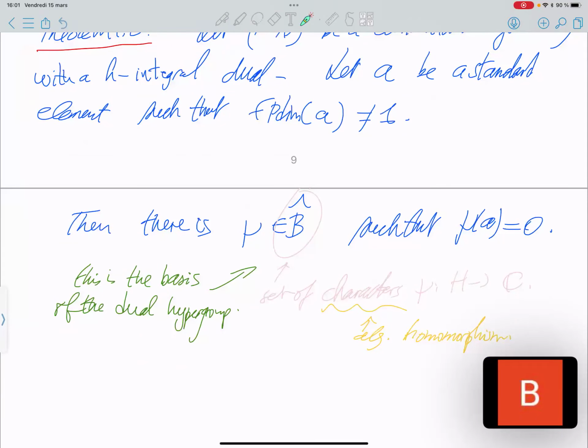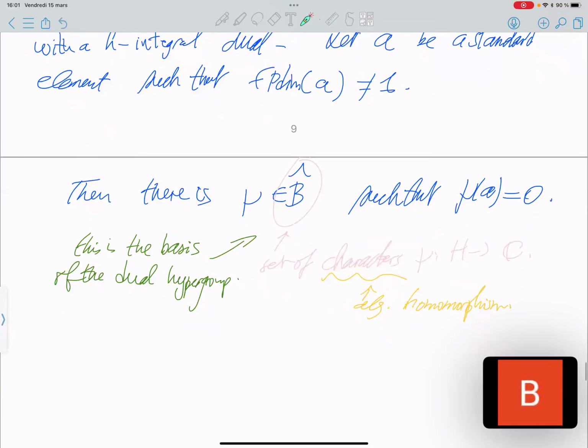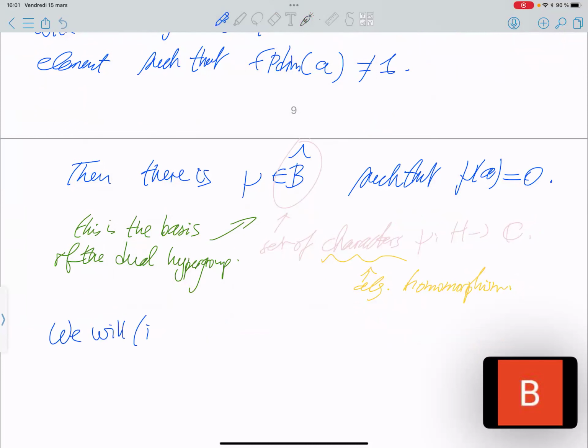Okay. So as I said, we will prove something more general at the level of hypergroup.